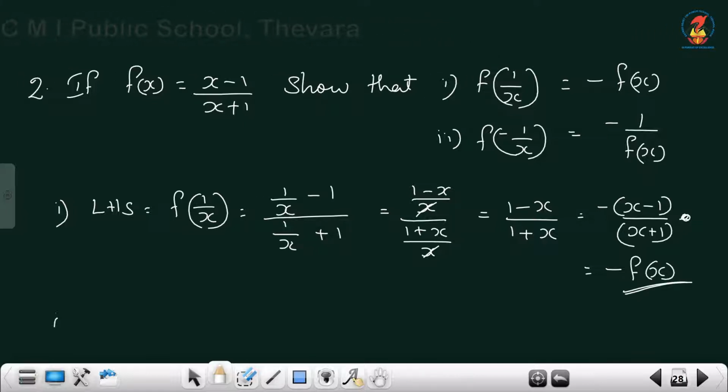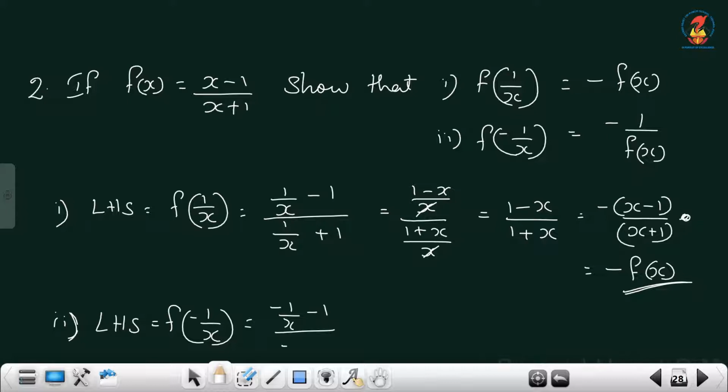Now the next one, second one, LHS f of minus 1 by x. So replace x by minus 1 by x here. So (minus 1 by x minus 1) by (minus 1 by x plus 1).